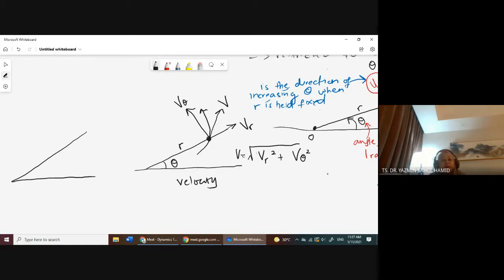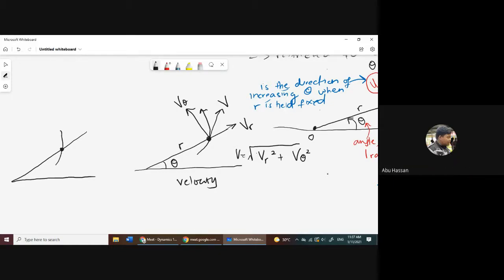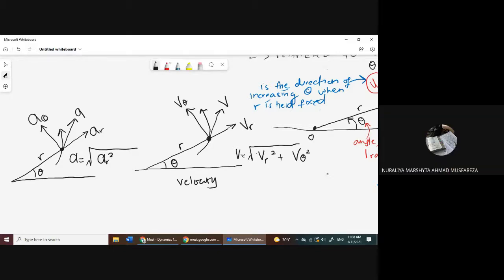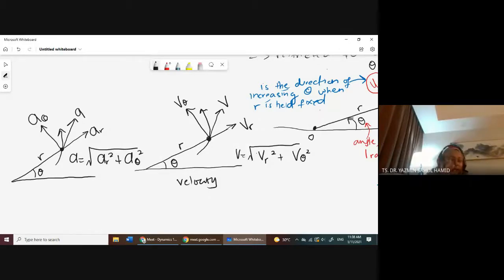I hope you appreciate these notes. So this will be AR. This will be A theta. And acceleration will be here, A. So if you need to find acceleration, what would it be? Square root of AR squared plus A theta squared. Yes, good. So you understand all these things.